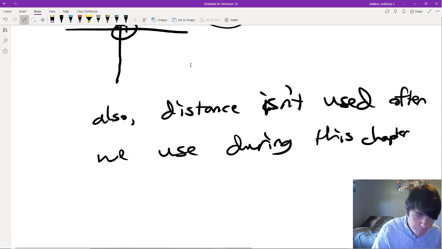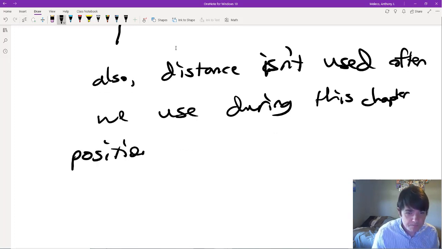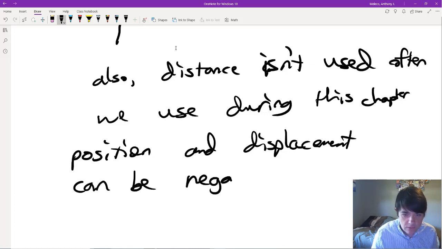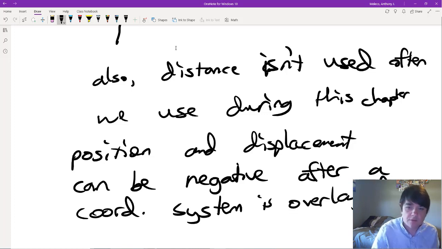And one other thing to distinguish here, position and displacement can be negative after a coordinate system is overlaid, okay?